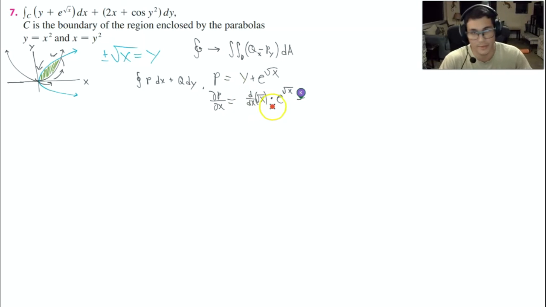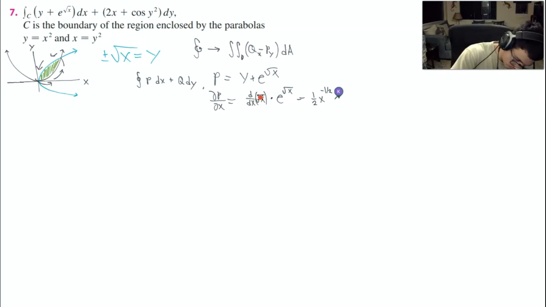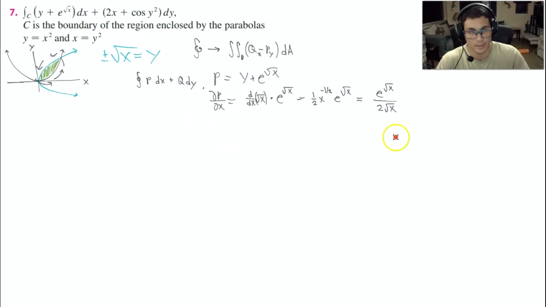What is the derivative of this? It is 1/2 x to the negative 1/2 times e to the square root x, which is all equal to e to the square root x divided by 2 square root x.